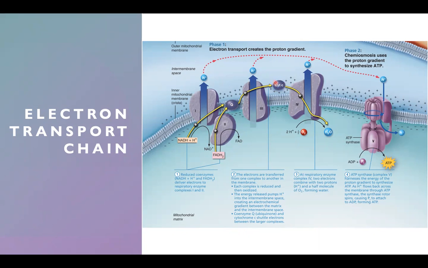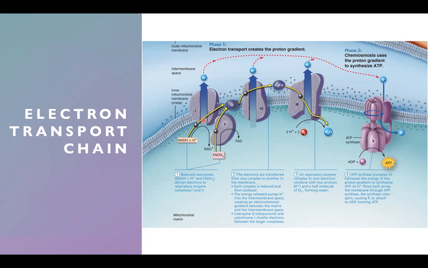A little fact about cytochrome C: some toxins and carbon monoxide, for example, will inhibit cytochrome C, which will directly affect this electron transport chain and lead to a decreased production of ATP.